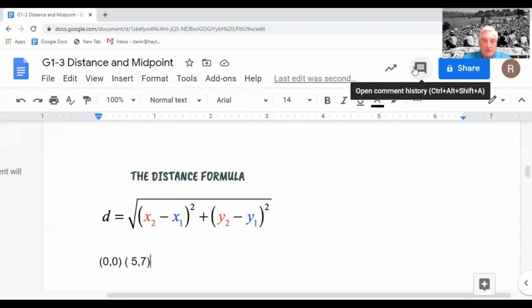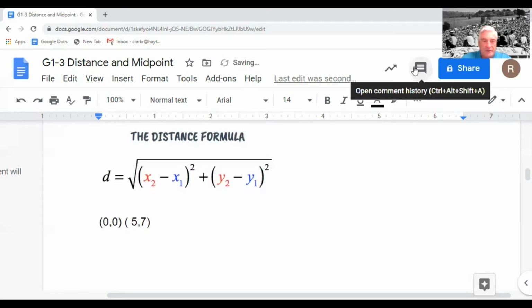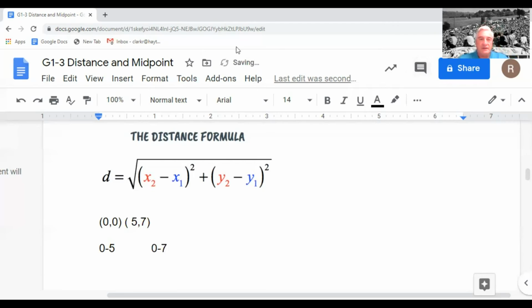Now, you take the x's and subtract them: 0 minus 5. Then you take the y's and subtract them: 0 minus 7. Then the formula says we're going to square them.